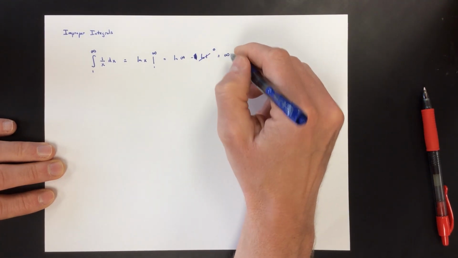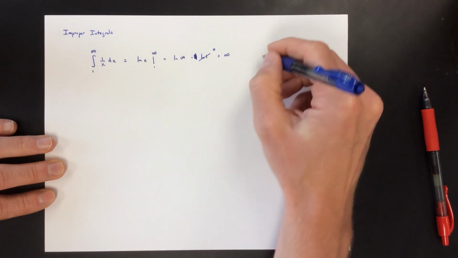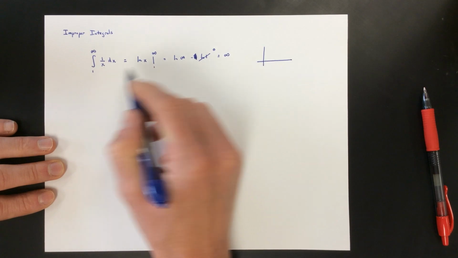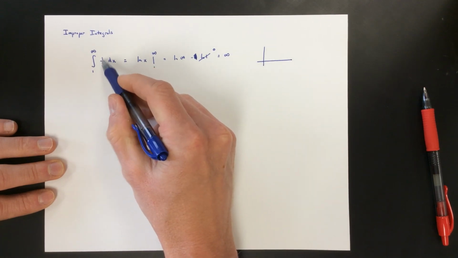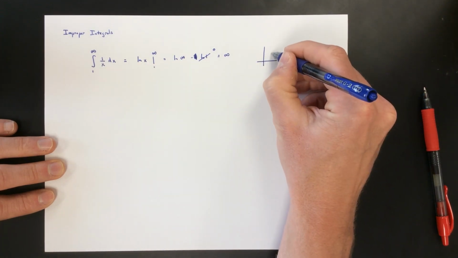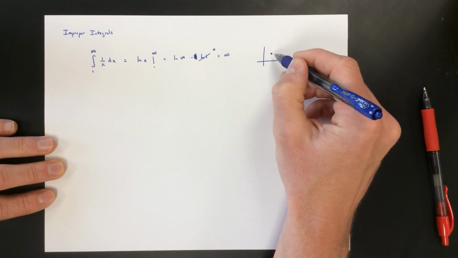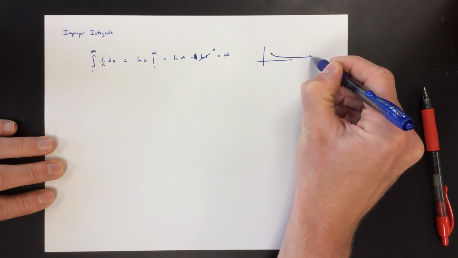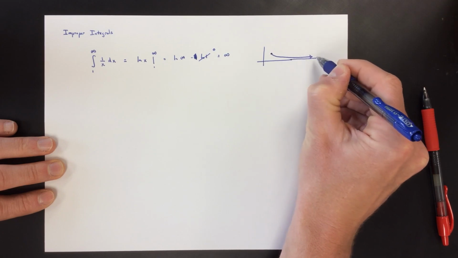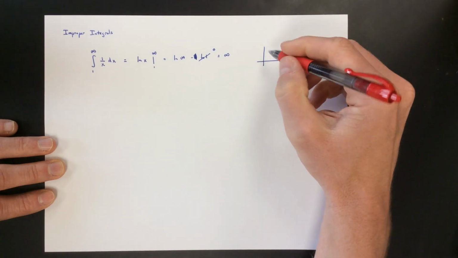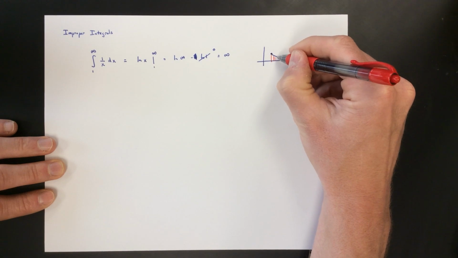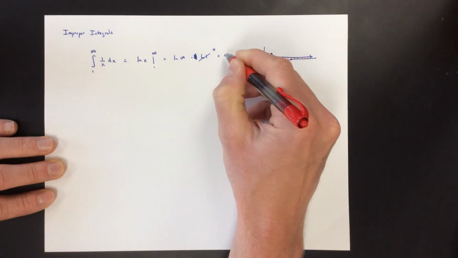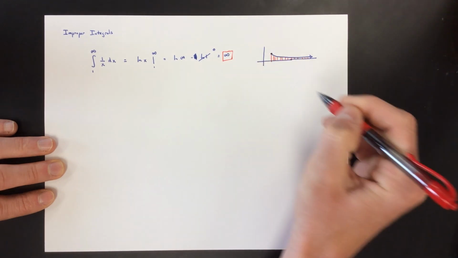So this is saying that the area under this curve, if we graph this, starting at 1, well, when x is 1, 1 over x is 1, so we're at (1, 1), and then 1 over x kind of decays closer and closer to 0, right? It asymptotically approaches that value. And what we're saying is that this area under the curve, when we break this up into an infinite number of rectangles, is an infinite area, right?